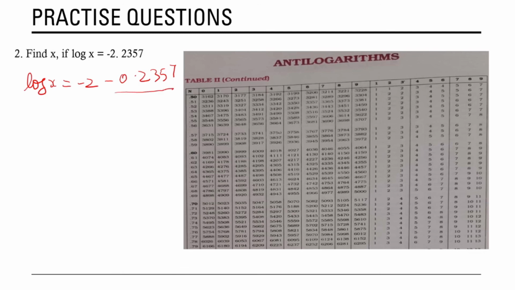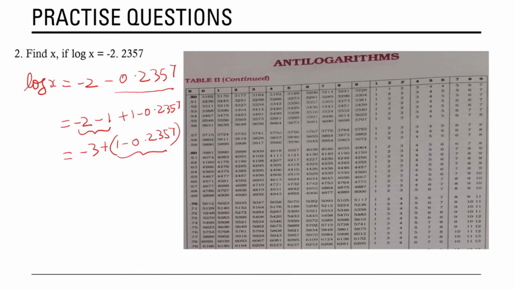To make it positive, I am subtracting and adding 1, that is minus 2 minus 1 plus 1 minus 0.2357. So this minus 2 and minus 1 gives minus 3, plus 1 minus 0.2357. I am doing this to make this mantissa positive.